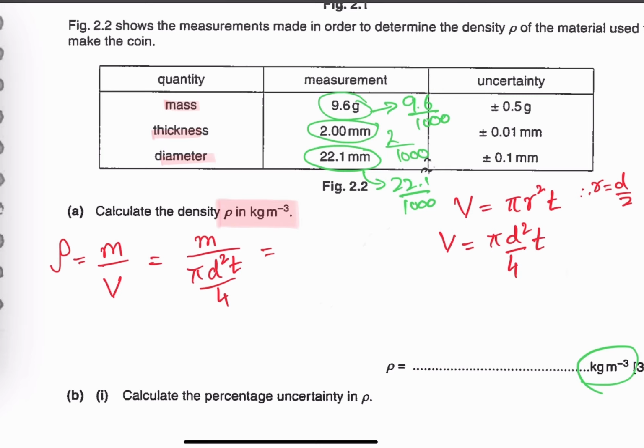So this expression will become 4m over pi d squared t.